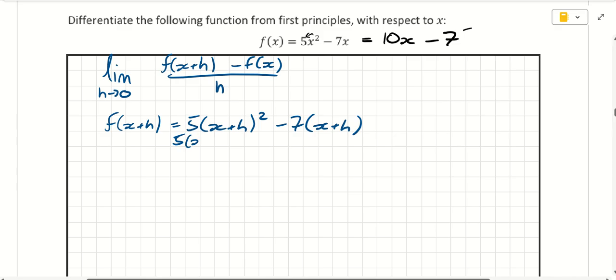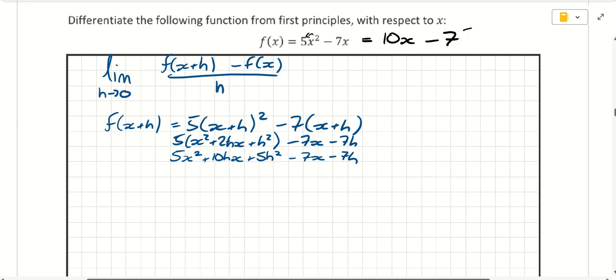So that'll be 5 times (x squared plus 2hx plus h squared) minus 7x minus 7h. Just multiply it out. 5x squared plus 10hx plus 5h squared minus 7x minus 7h. Okay, it's a bit of effort, but we get through it.